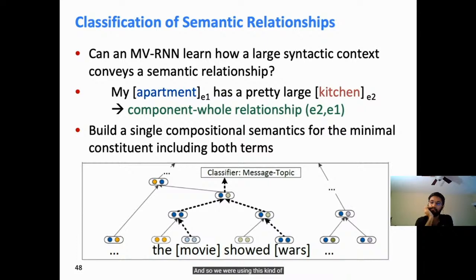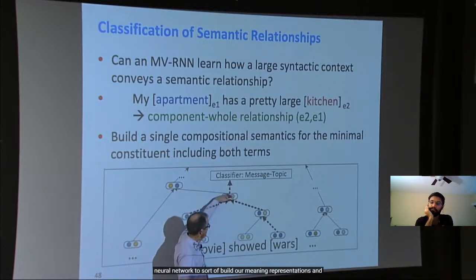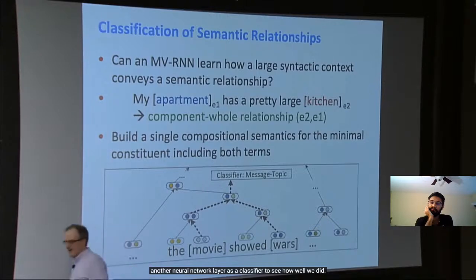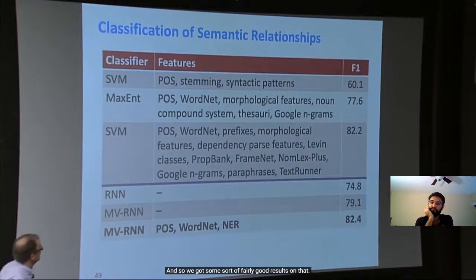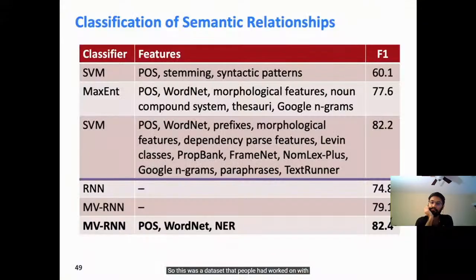And so we were using this kind of neural network to build our meaning representations and then putting them through another neural network layer as a classifier to see how well we did. We got fairly good results on that. This was a data set that people had worked on with traditional NLP systems and different kinds of machine learning methods.